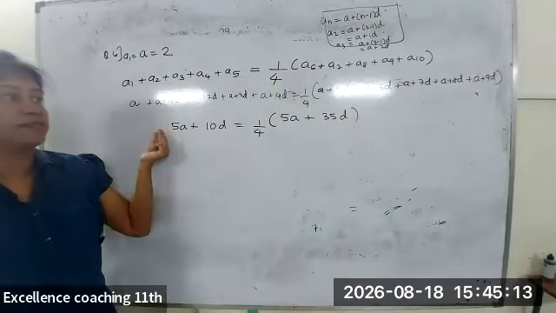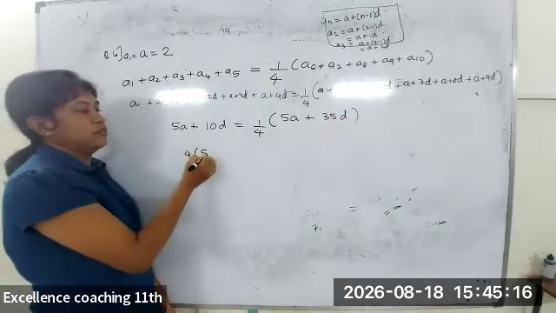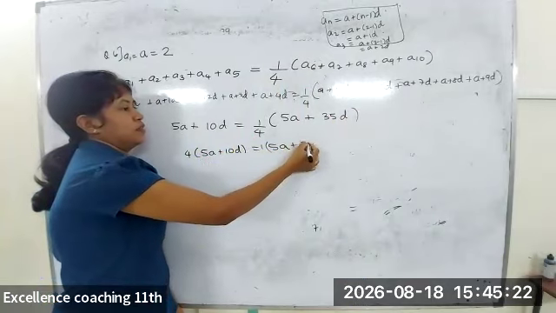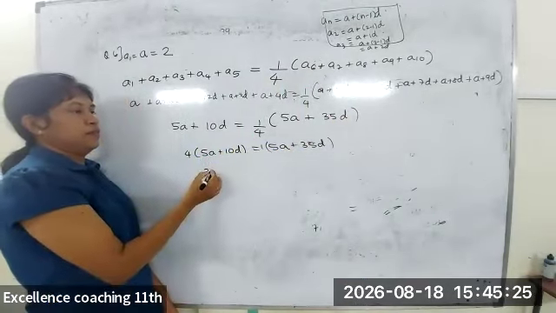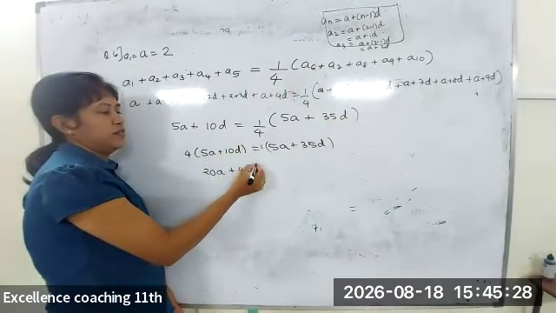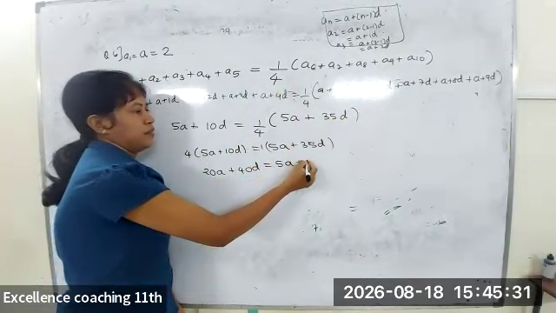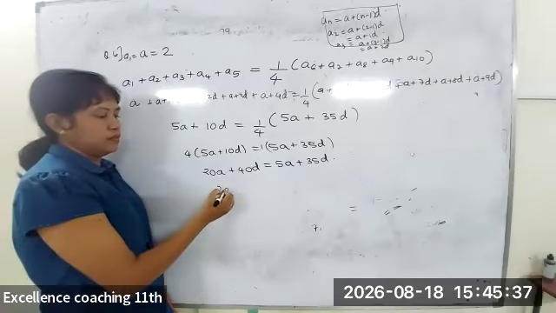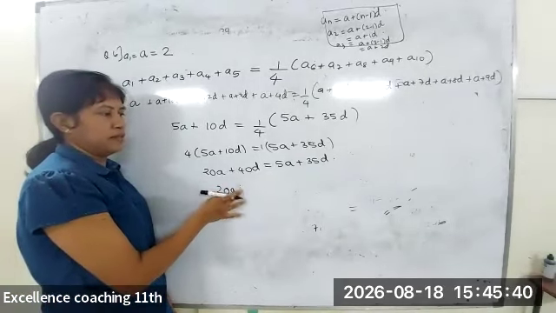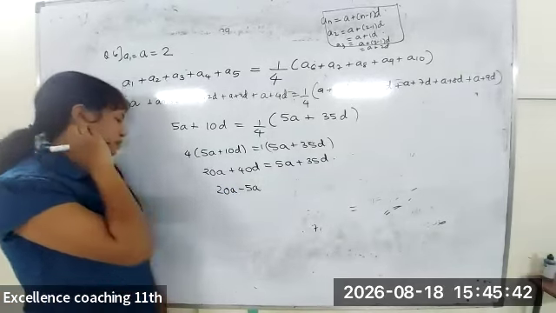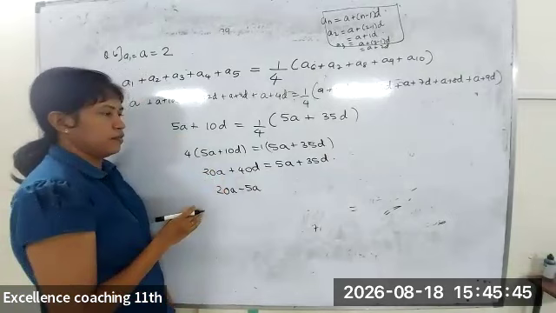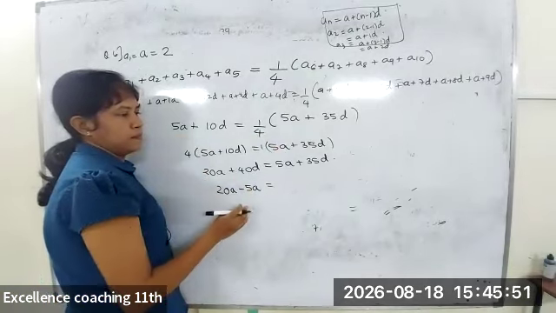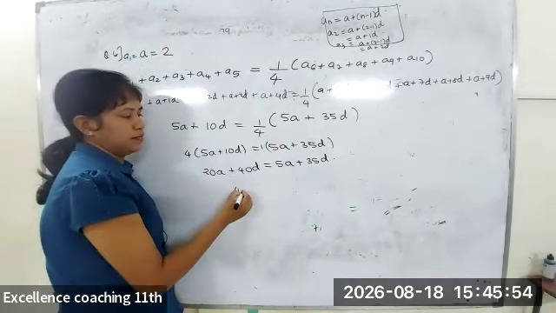Now 4 you can take it here, or you can put the value of A first, or you can do it the other way around.